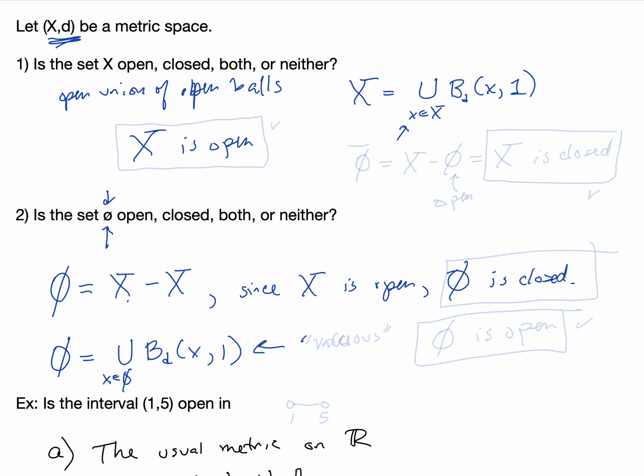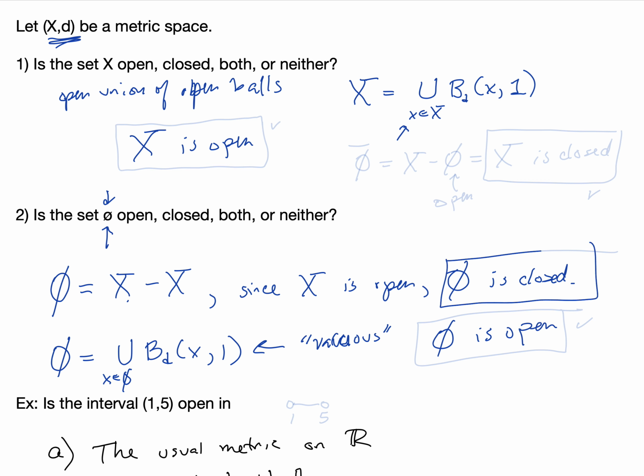So this is basically like a vacuous union, and so that is technically a union over an index set. The index set happens to be the empty set. And because it's a union of open balls, a vacuously empty one, that means that the empty set is open.